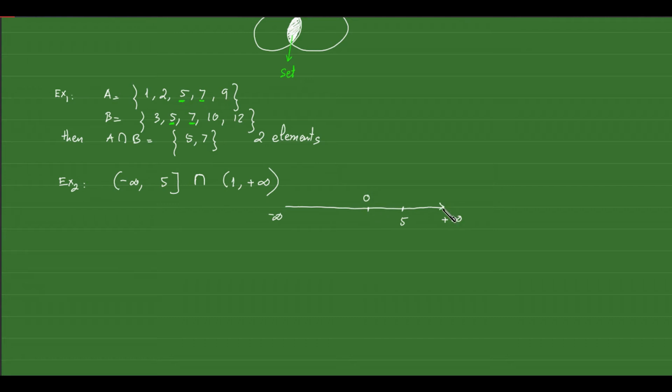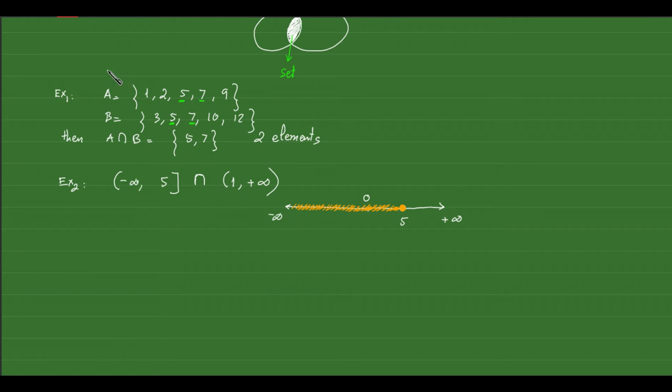And we want to include 5, so this is a closed circle. We use a different color. Because it's from negative infinity to 5, we're going to shade this part. There you go. That is the number line for the first interval.